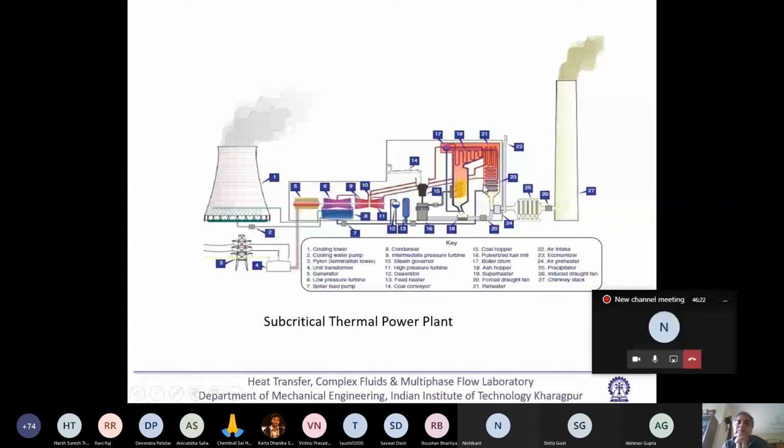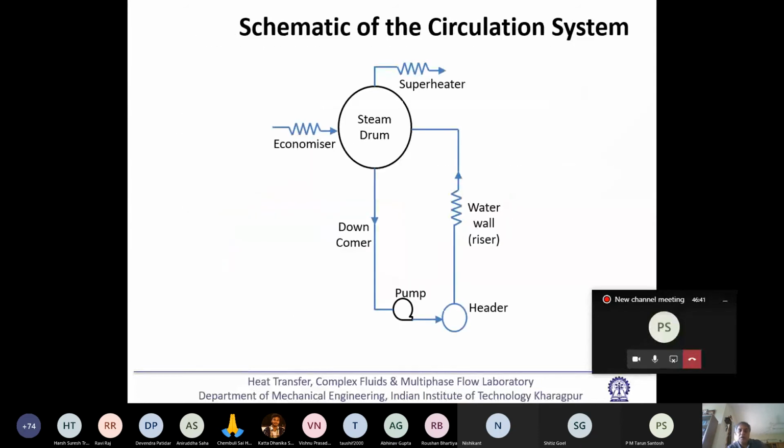Sir, here the complete conversion of liquid water to saturated liquid happens only along the walls? Not complete conversion. Let me go to this. Here, this is the hot wall.